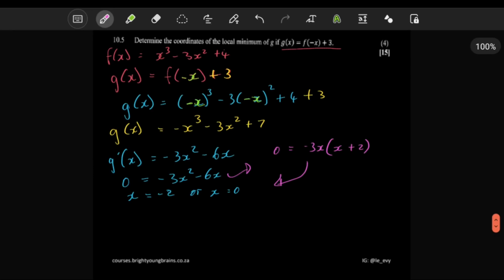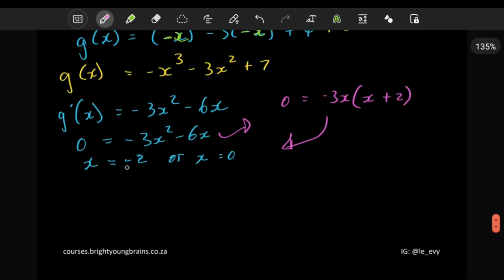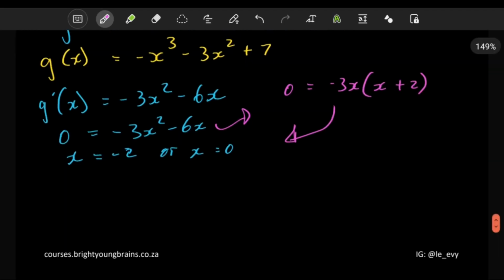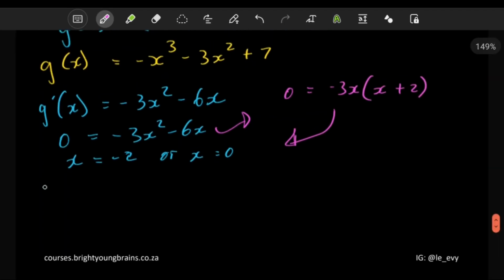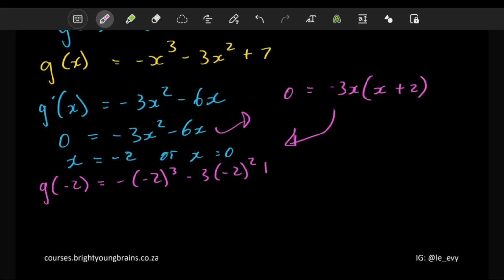But anyways, you'd obviously be wondering which of these two is the minimum. You can just get the y values to see which one is higher than the other. So here, let's say x is negative 2. Throw that into your equation of g of x. Negative 2 cubed, then minus 3 times negative 2 squared, plus 7, that's going to give you a value of 3.